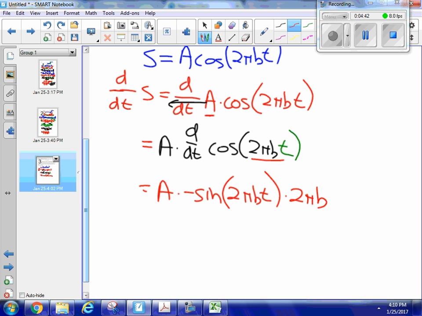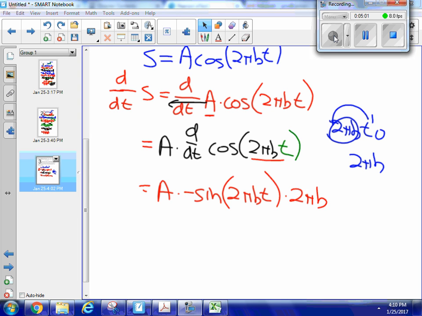Because what I'm looking at is the function 2 pi b t, and that's t to the first power, so by the power rule it's 1 times 2 pi b, and t goes to the 0, so I'm just left with 2 pi b.